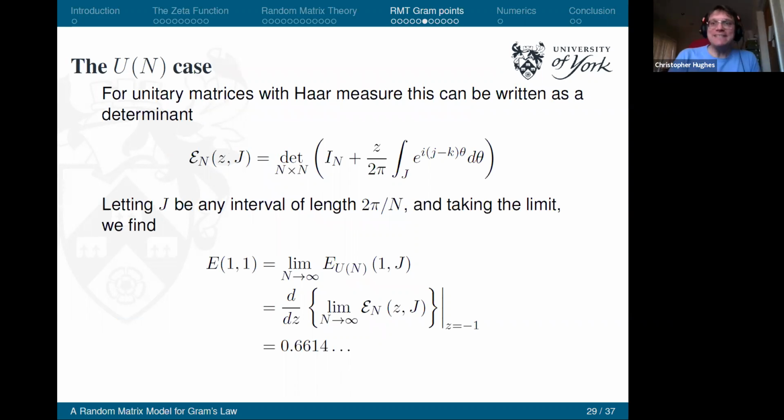Now, in the unitary case, life is nice because I can take that generating function and write it as a determinant. That's not that hard to calculate. So this is standard stuff in random matrix theory. Don't worry if this isn't your area. Just let me tell you, it's nice in the unitary world. If you want to find the probability of having exactly one eigenvalue in an interval of length 1, then that's going to be the derivative of this generating function evaluated at z equals minus 1.